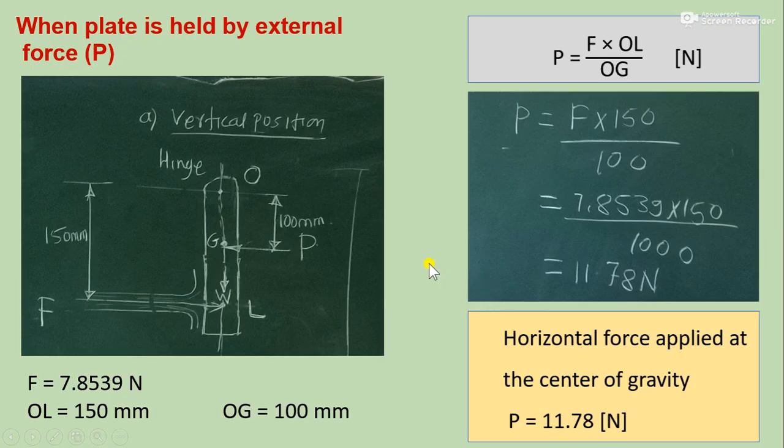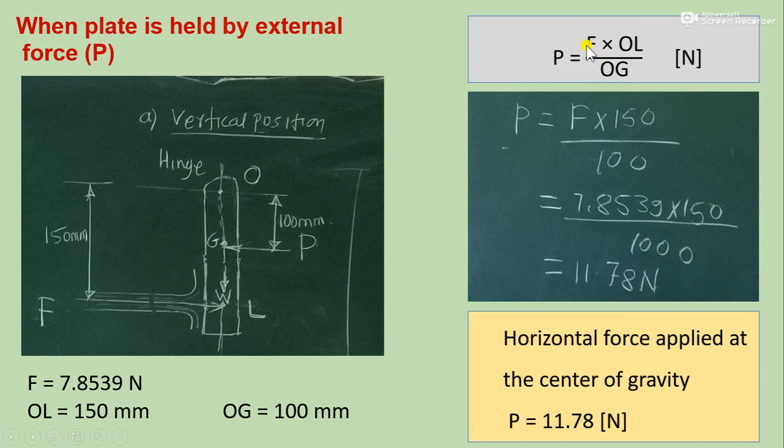So now when the plate is held by an external force, here F we calculated, OL distance 150 mm, OG distance 100 mm we know. Now directly from the theory, we have already discussed this relation, that we have already derived, and we will use it here.